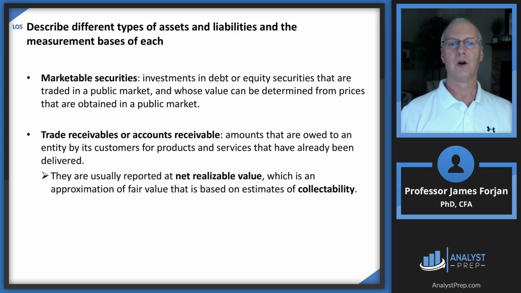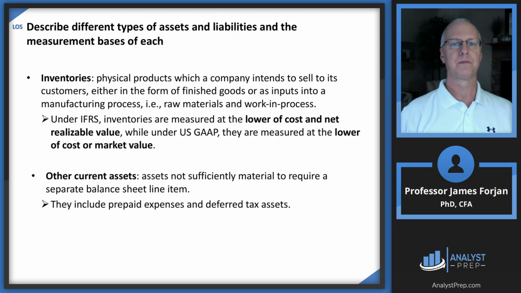Marketable securities are things like stocks and bonds that other businesses own. Trade and accounts receivables are accounts that we've provided to our customers in which we've delivered a good or a service and they've promised to pay us. Inventories: physical products, raw materials, and work in process.